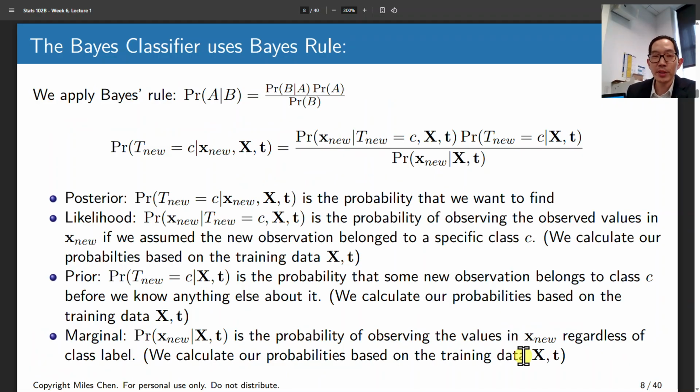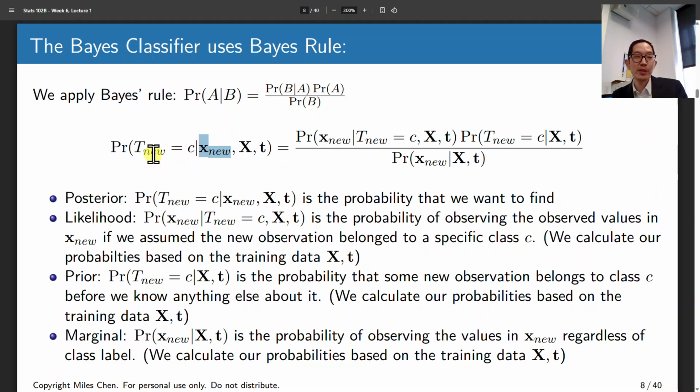All right, so Bayes' rule is the probability of A given B is equal to the probability of B given A times the probability of A divided by the probability of B. The A part is going to be the probability that the new observation belongs to a certain class, and the B part is going to be the values that we have in x new. So we're going to rewrite this.